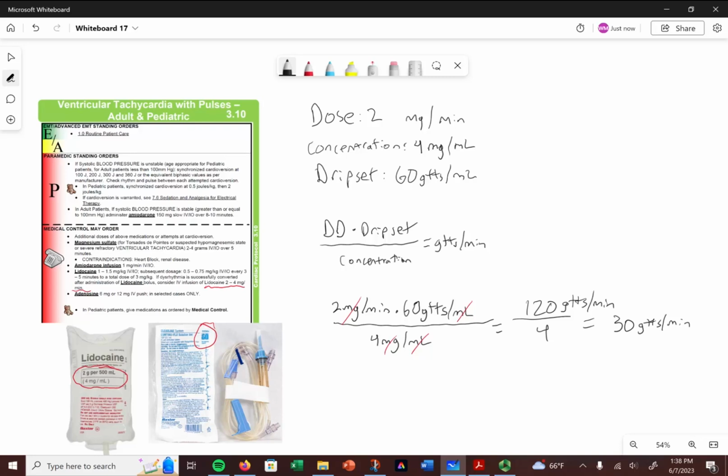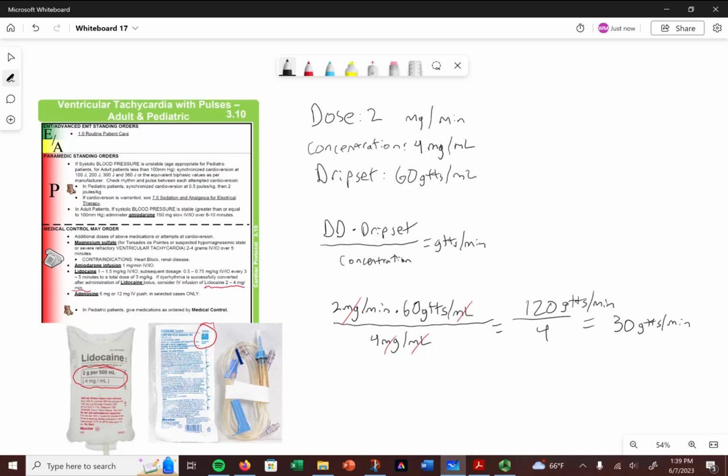When I divide 120 by 4, it's going to equal 30 GTTS per minute. That in itself is not very helpful for me in the back of the ambulance because I don't want to wait a full minute to be able to give my dose of medication. I probably have a sick patient if I'm administering lidocaine, so I want to make this a bit quicker.